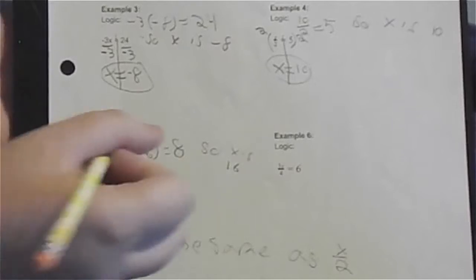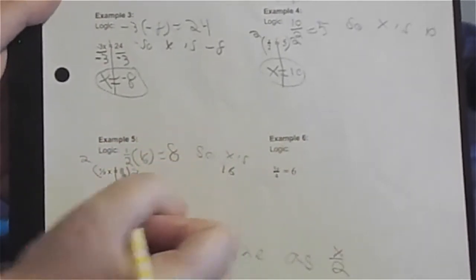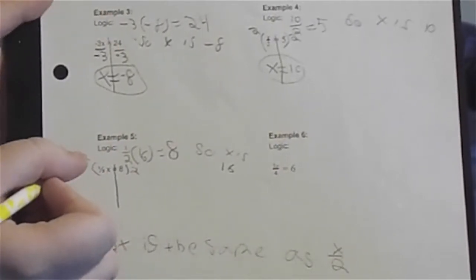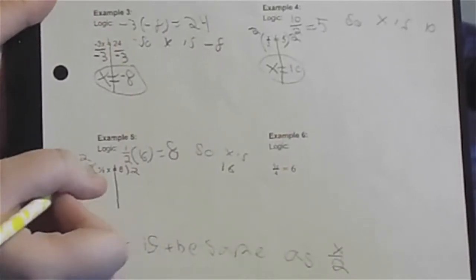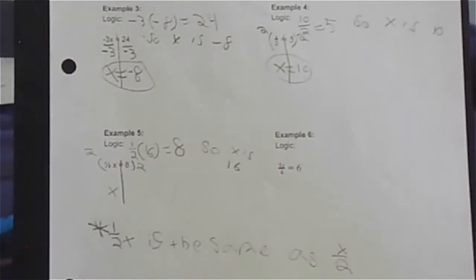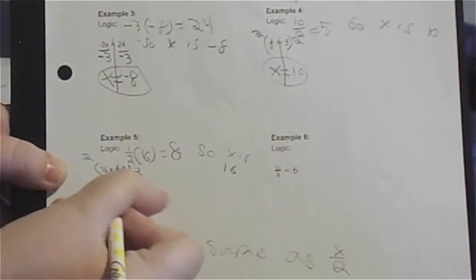To get rid of my fraction, I get to times by the bottom, on the left and on the right to keep it equal. 2 times half is 1, because you could do 2 times 1 is 2, divided by 2 is 1, or just think that the bottoms cancel and you're just left with the 1x, but you don't have to write the 1. And 8 times 2 is 16.